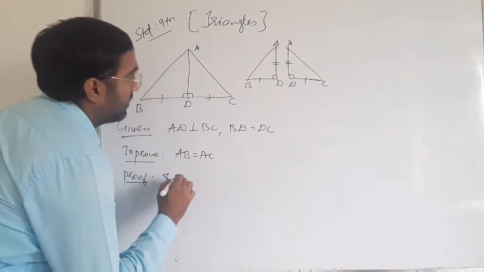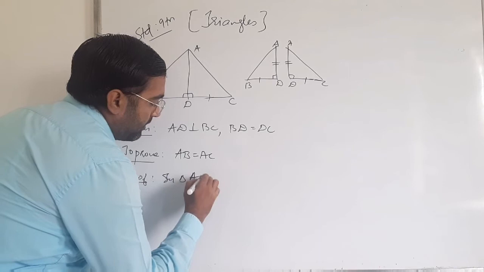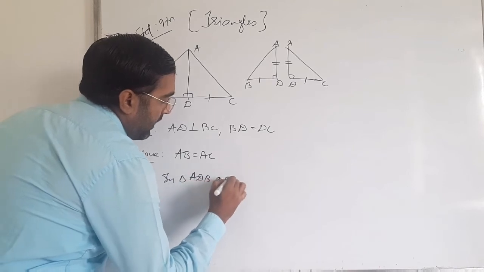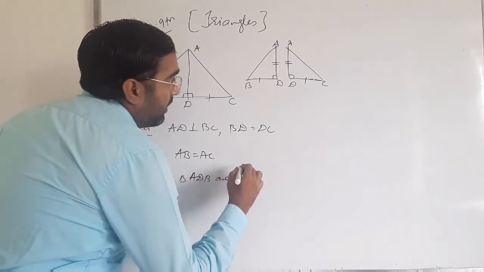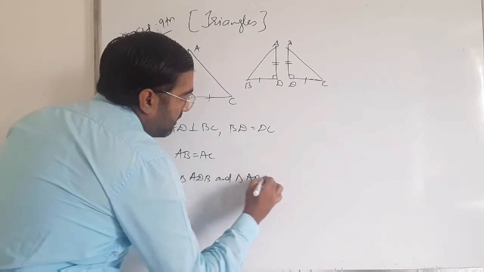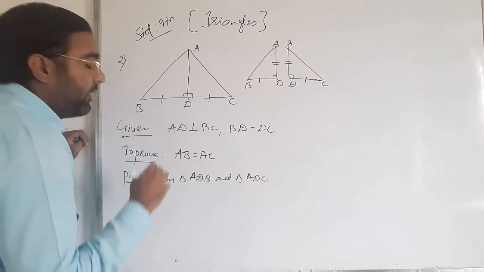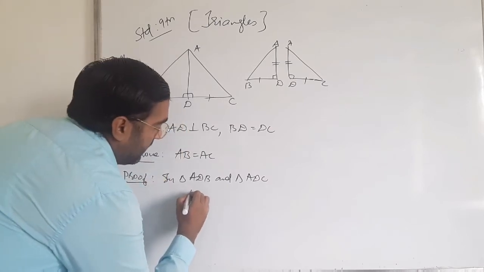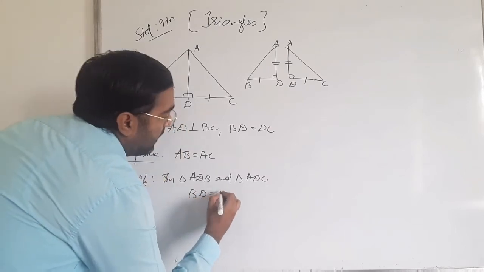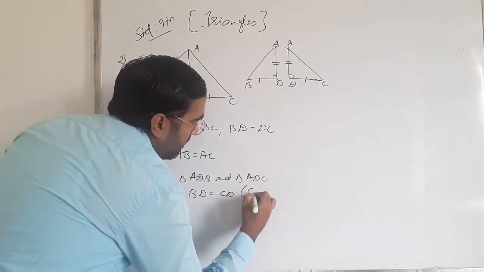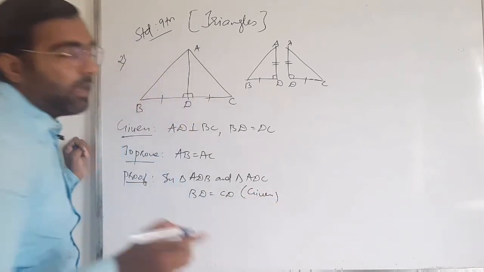So in triangle ADB and triangle ADC, BD is equal to CD, given because AD is a bisector.